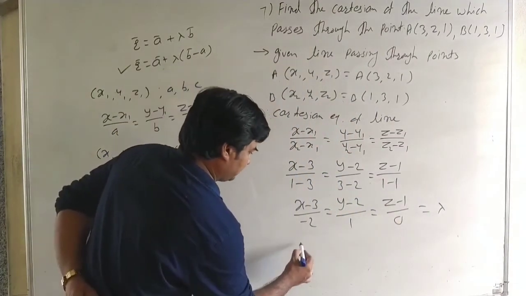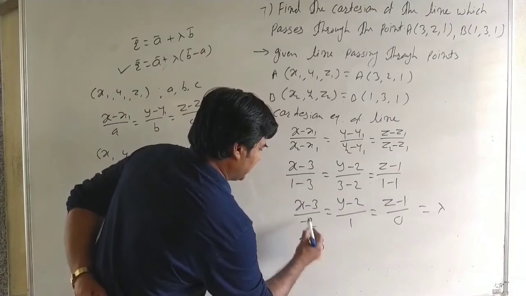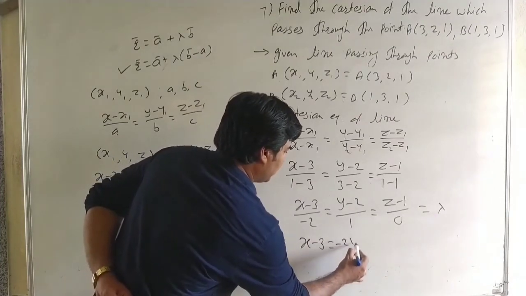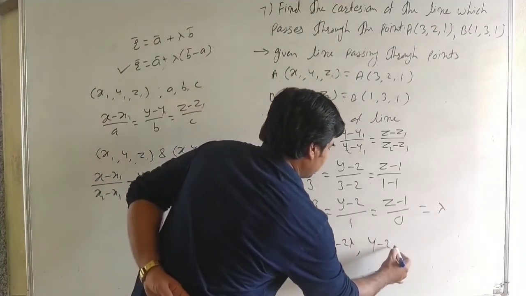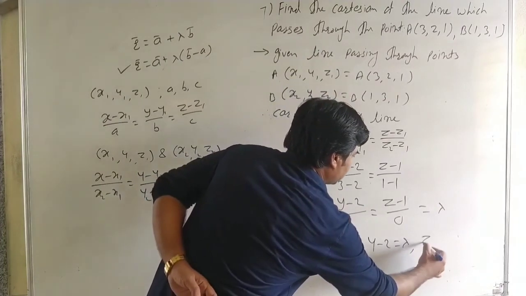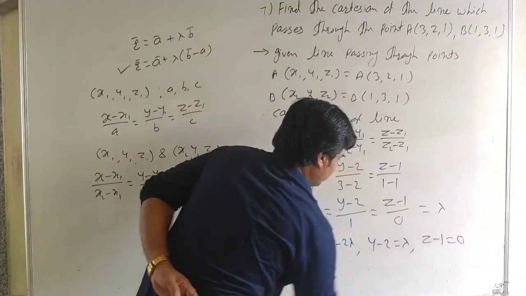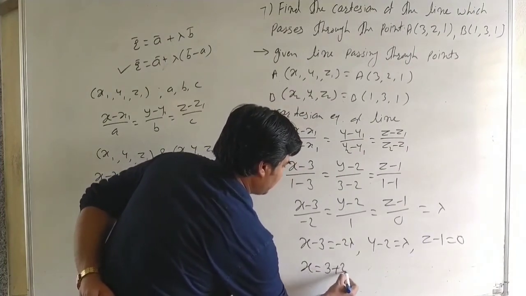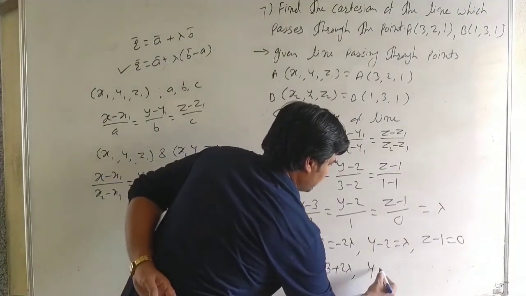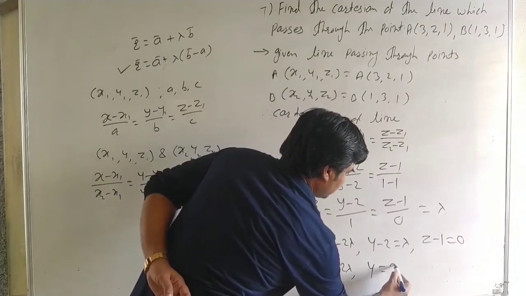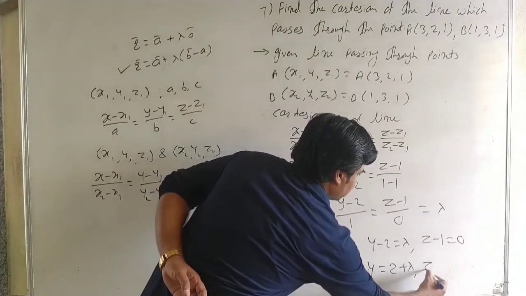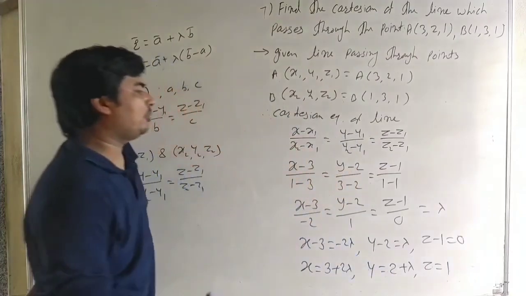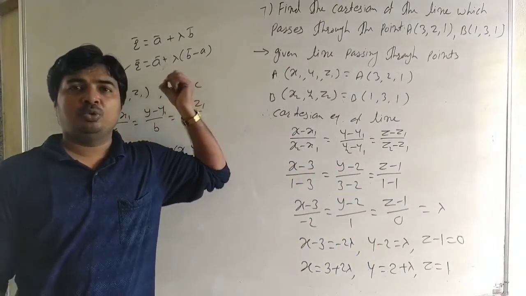Then the equation of line: x minus 3 is equal to minus 2 lambda, y minus 2 is equal to lambda, and z minus 1 is equal to 0. Therefore, x is equal to 3 minus 2 lambda, y is equal to 2 plus lambda, and z is equal to 1. It is an equation of line passing through 2 points.